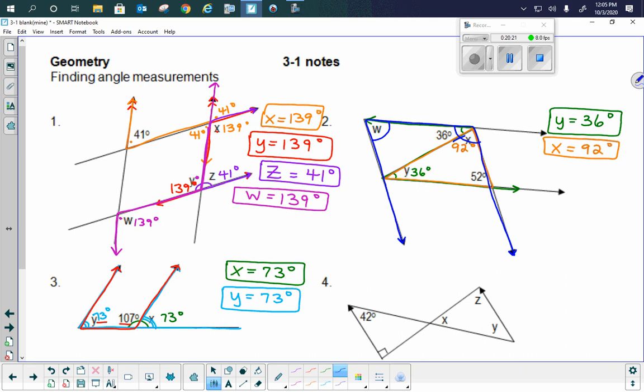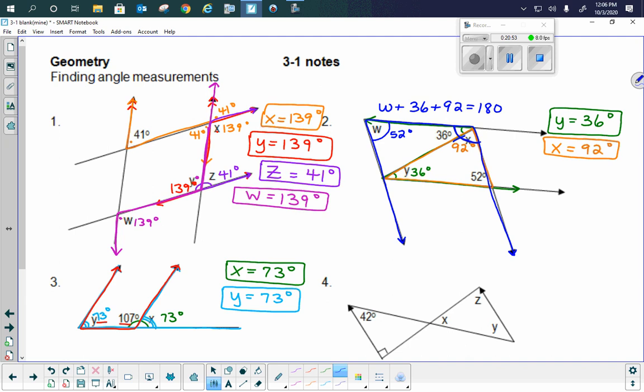So that is telling us that W plus, over here on the right, the 36 and the 92, so W plus 36 plus 92 equals 180 because they're supplementary. Again, I'm adding 36 and 92 and subtracting from 180. That's the same thing you would do if you're solving that equation. And that will give you that W equals 52 degrees.